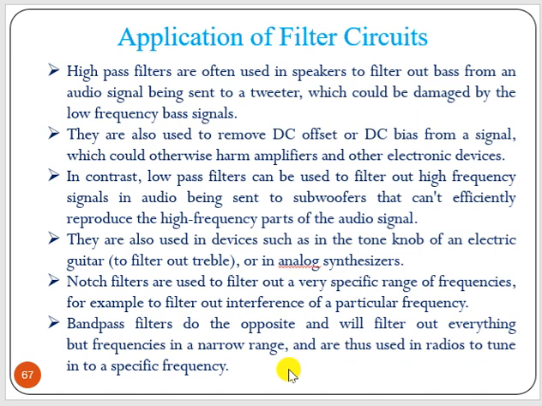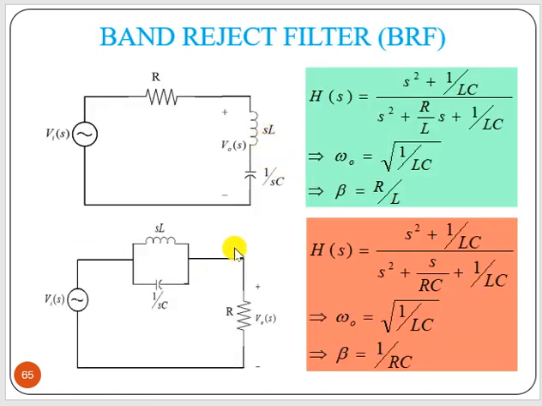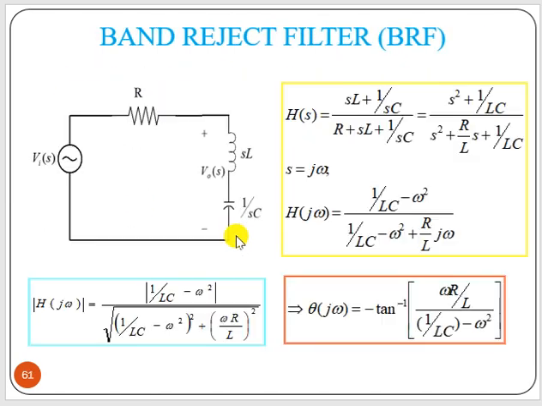If you want to pass a particular band of frequency, then you have to use a band pass filter. According to that you have to design, and find the proper application. Depending on the application, you can change your circuit parameters and design the filter accordingly. These are basically analog filters, passive analog filters.